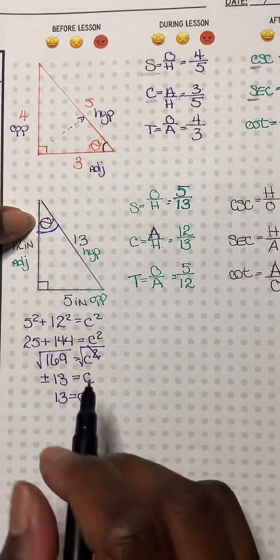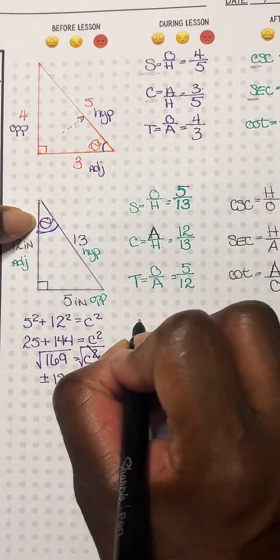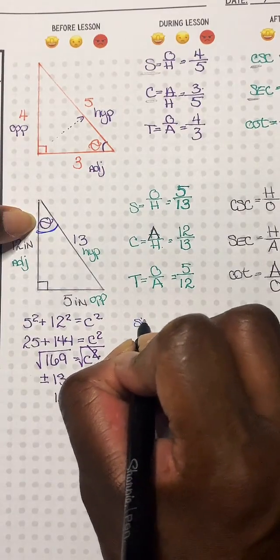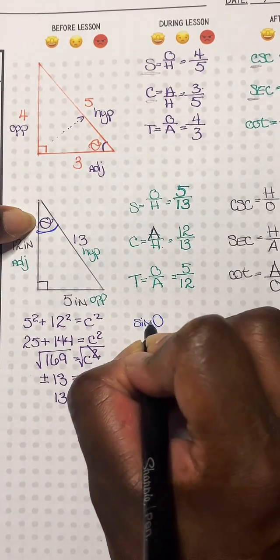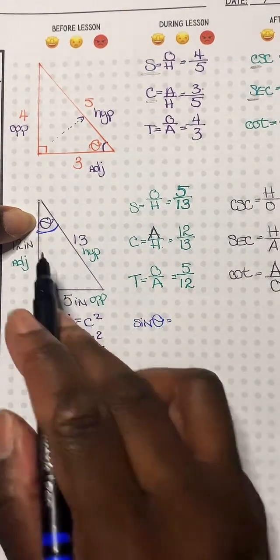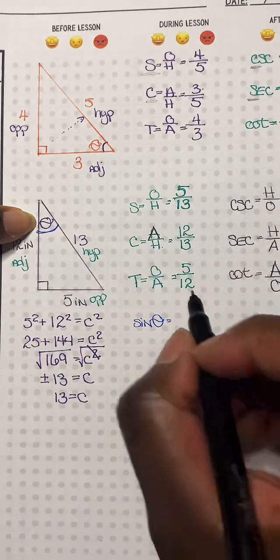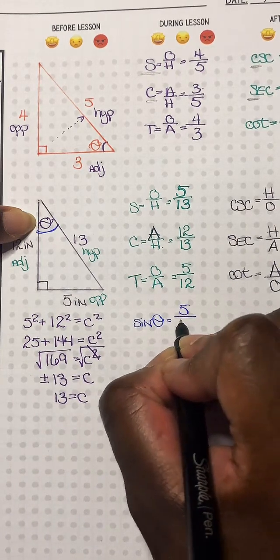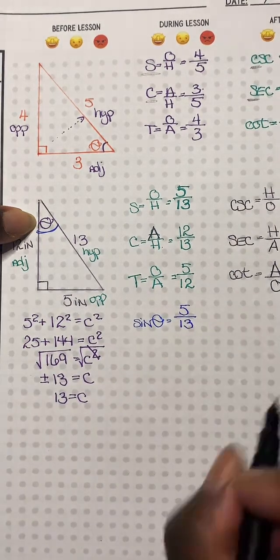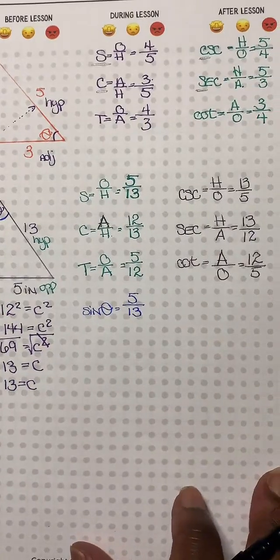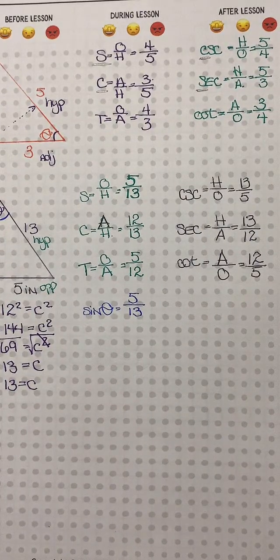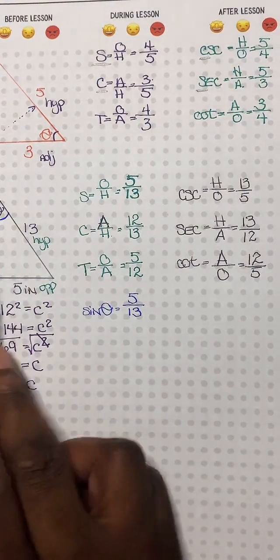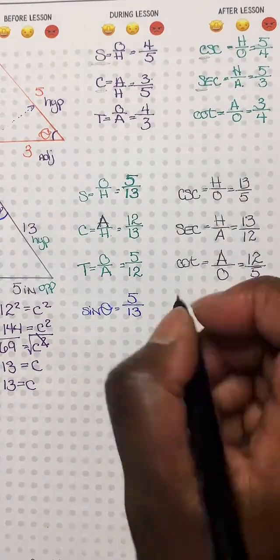So if I want to, I can use sine. Sine of theta is our opposite, which is 5, over my hypotenuse, which is 13. I can also do cosine.